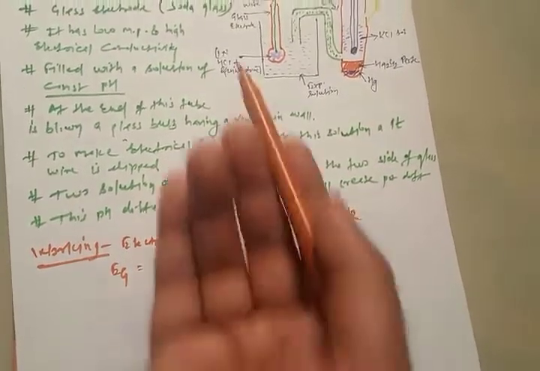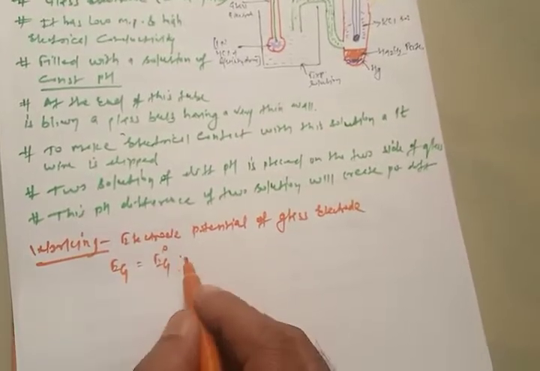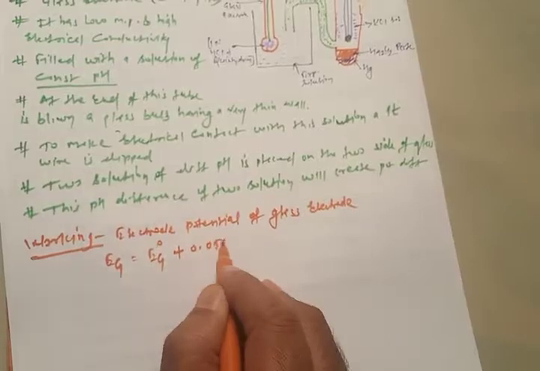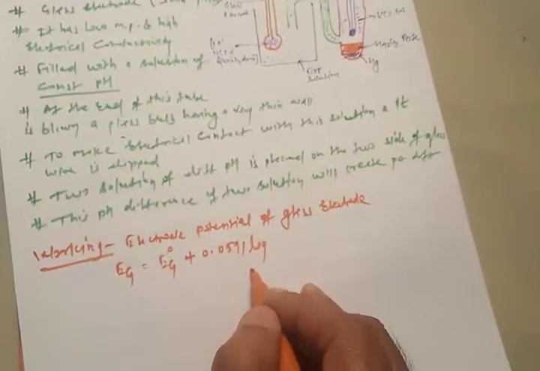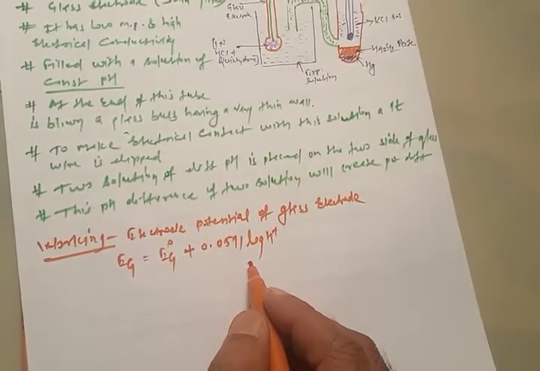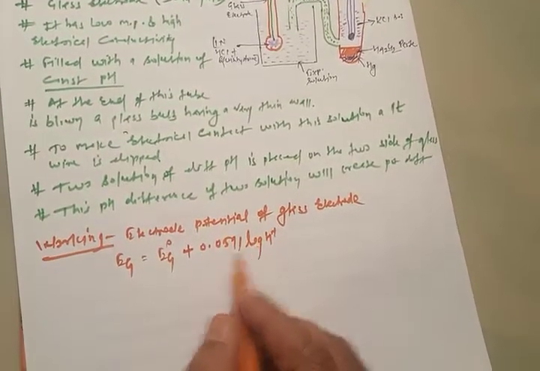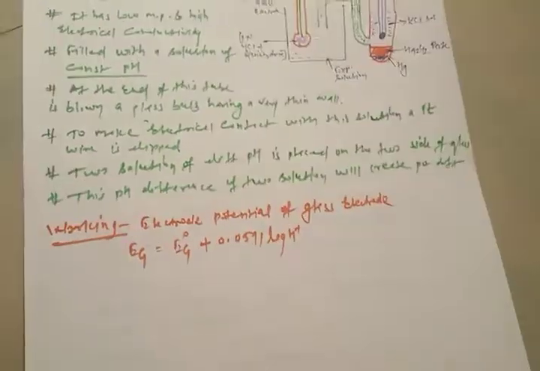I am applying it directly because it is a hydrogen electrode, in contact with the quinhydrone. This point you should remember, 0.059 log H plus. This log H plus is your pH, negative value.